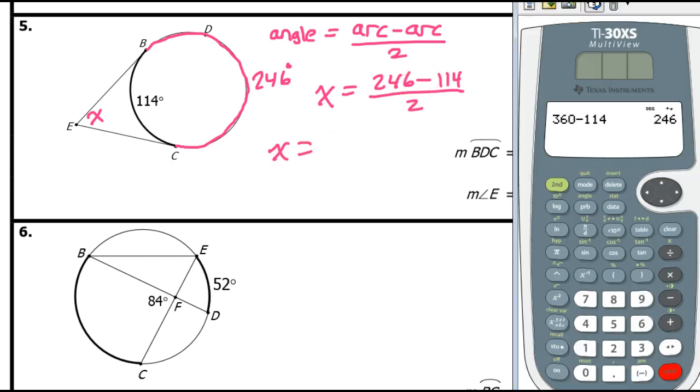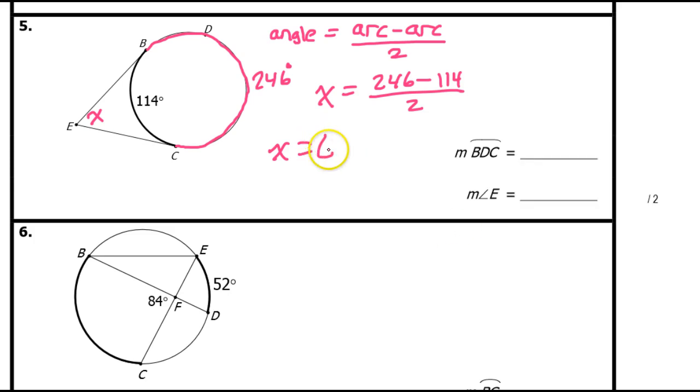I should be able to just put this all in the calculator. So 246 minus 114 divided by 2. So that's 66. So that means that this angle right here is 66 degrees. So that's the measure of angle E, is 66 degrees.